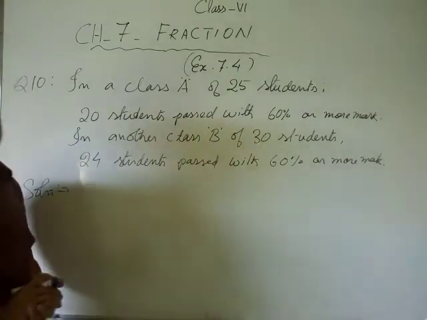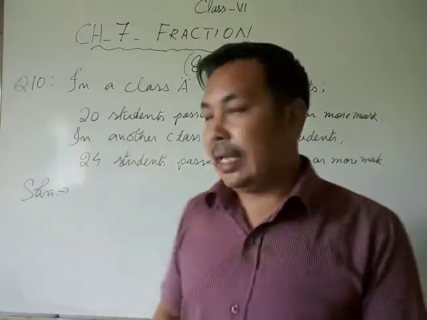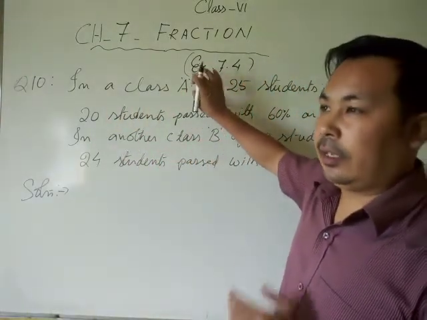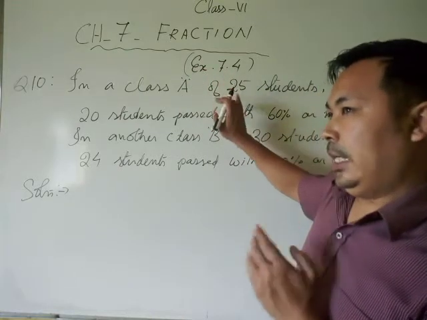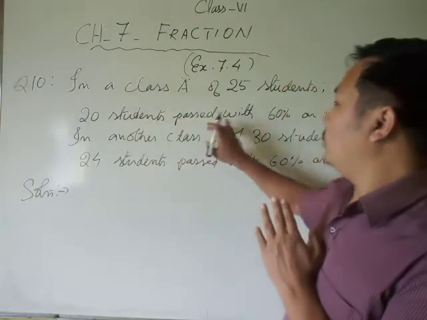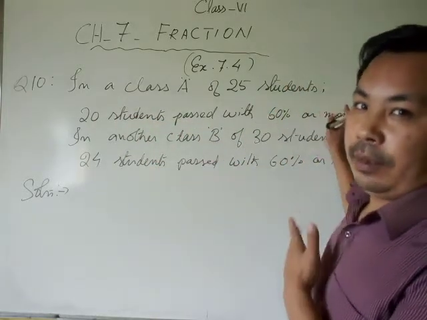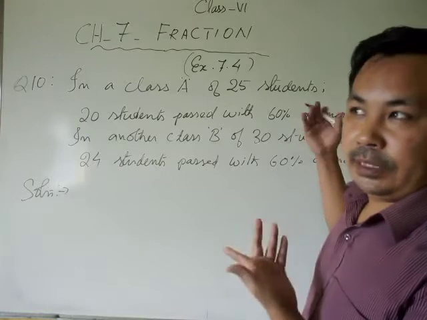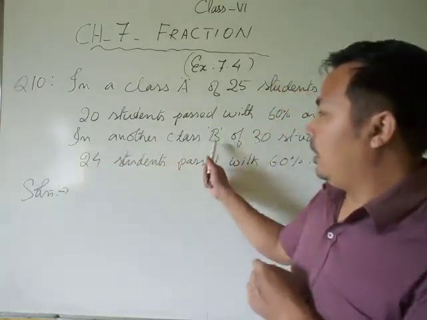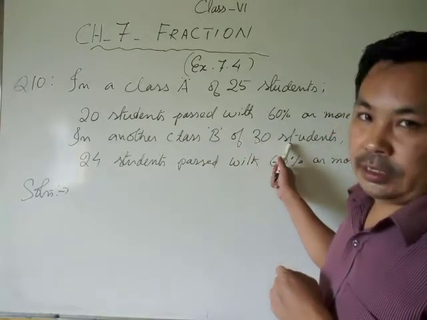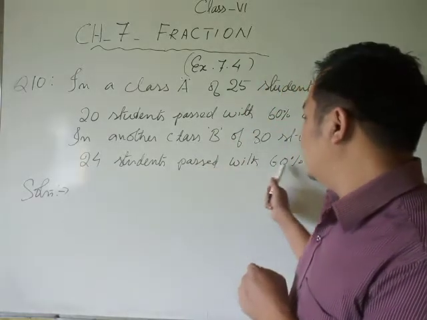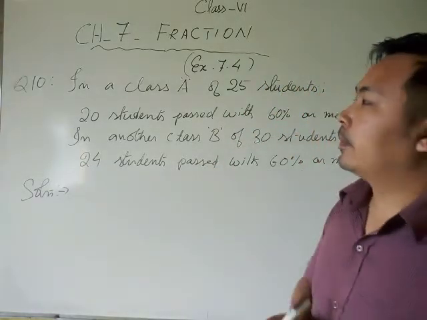Hello, my dear friend. Next we have question number 10. Question number 10 is saying like this: in class A, where there are 25 students, of 25 students, 20 students pass with 60% marks or above. Okay, 60% or more. And there is another class, B. In class B, there are 30 students, of whom 24 students pass with 60% or more marks.